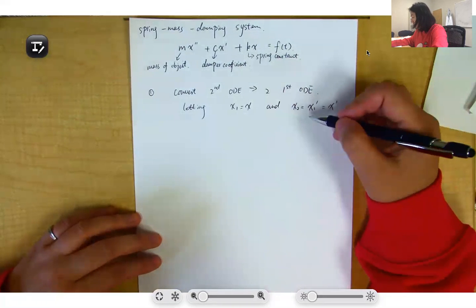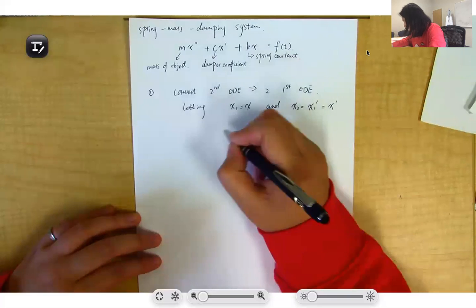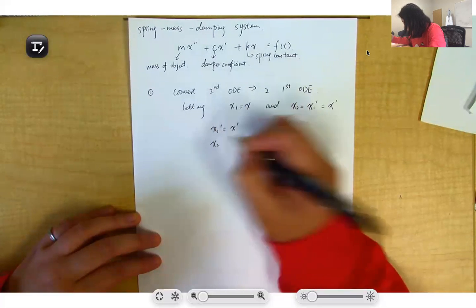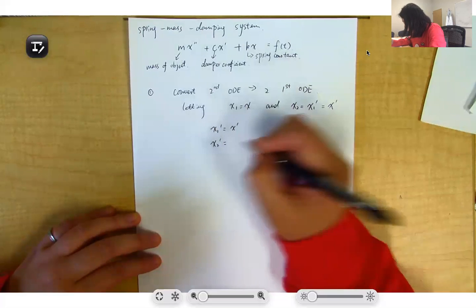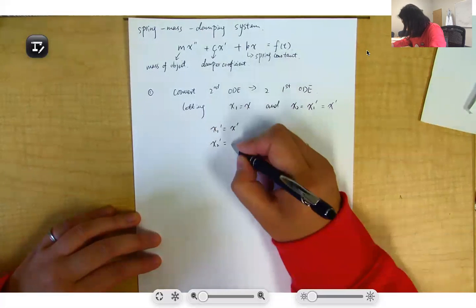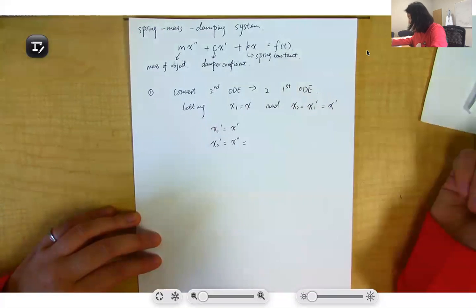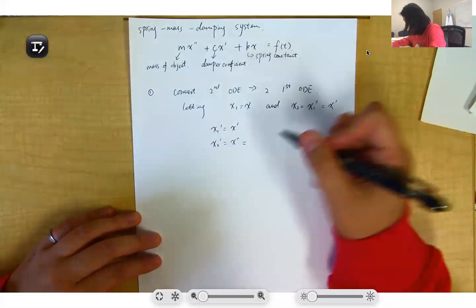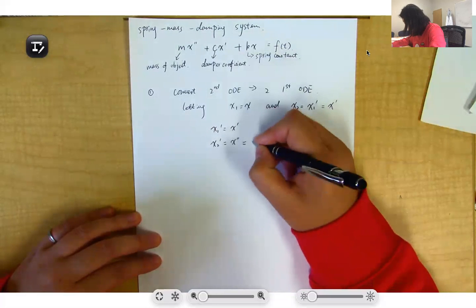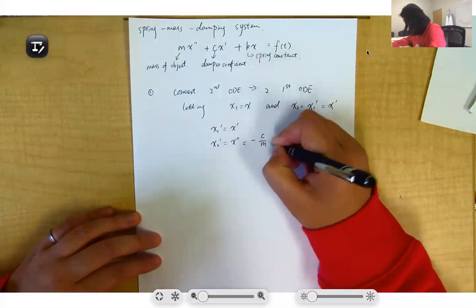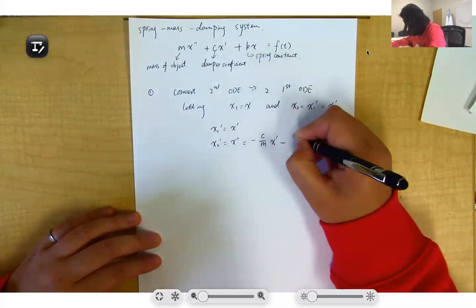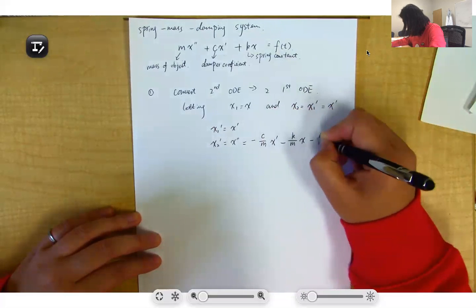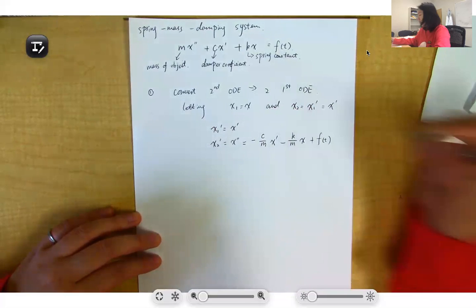Then x1 prime equals x prime, and x2 prime will be equal to x double prime, which will be everything on the right, so it's negative c divided by m x prime minus k divided by m x plus the forcing function.